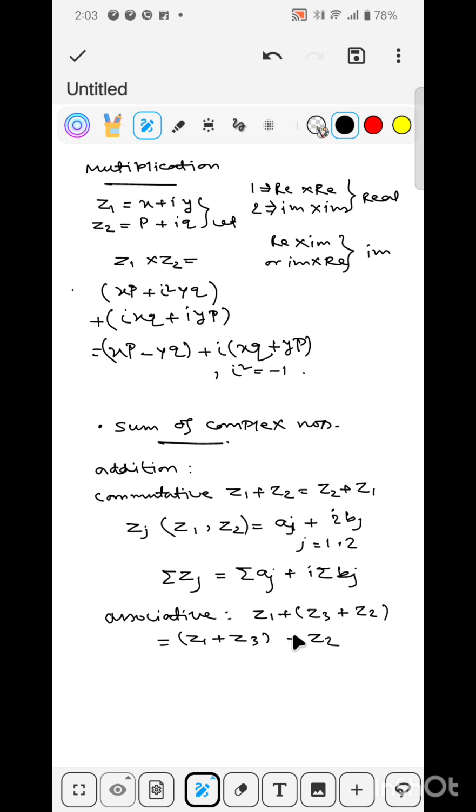In which way we group together two terms does not matter. That means z1 plus z2 in bracket plus z3, and z1 plus z2 plus z3 in bracket. Same associative property.